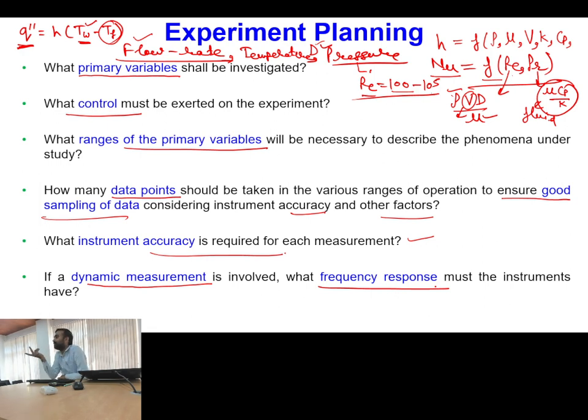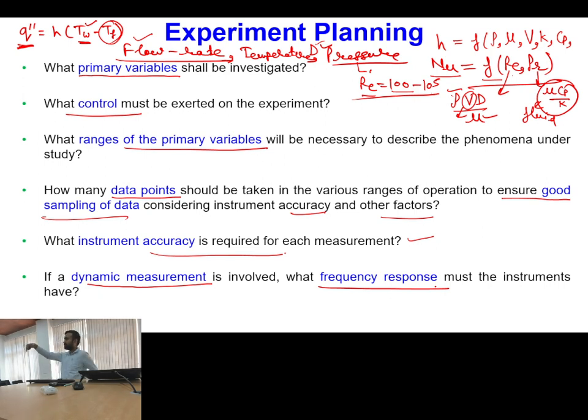Then what will happen? You are missing the data of that 20 millisecond period. So that is not a good frequency response for the instrument. Depending upon that, you have to decide. If your data point changes in 1 millisecond, the minimum requirement is that the response of the instrument should be 1 millisecond.